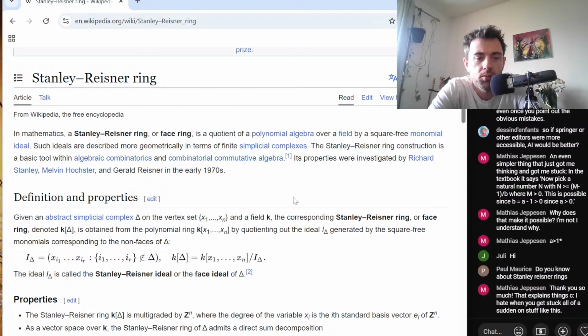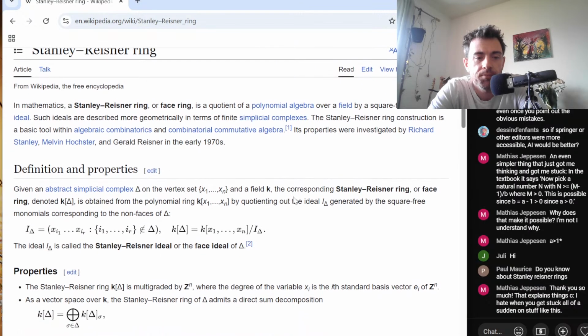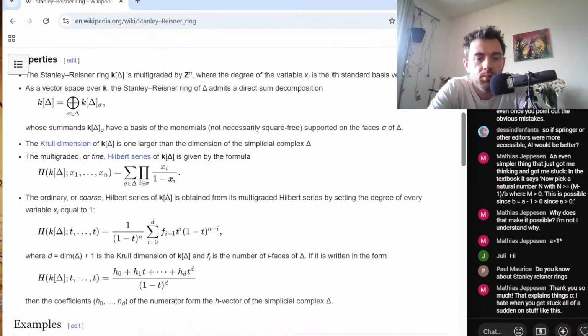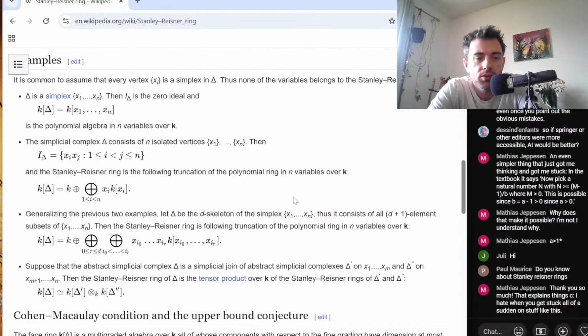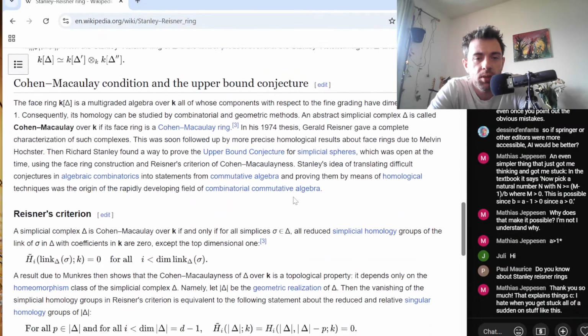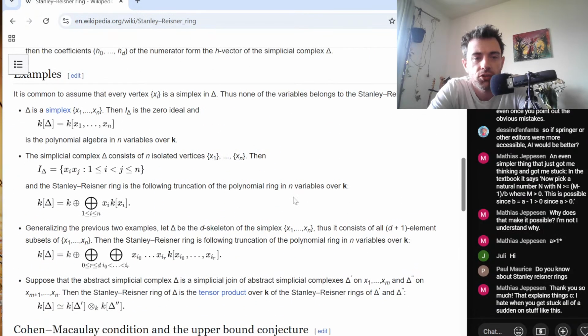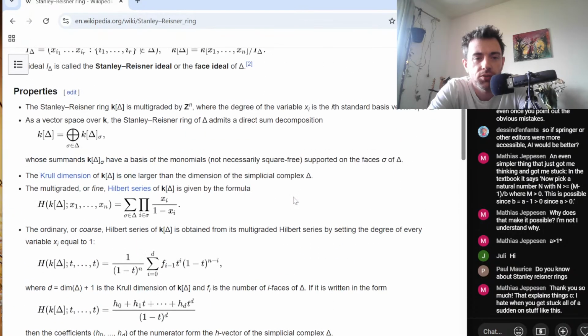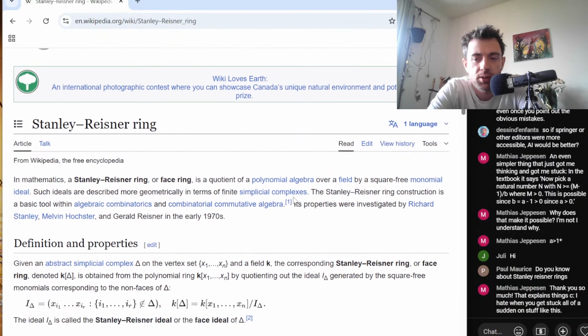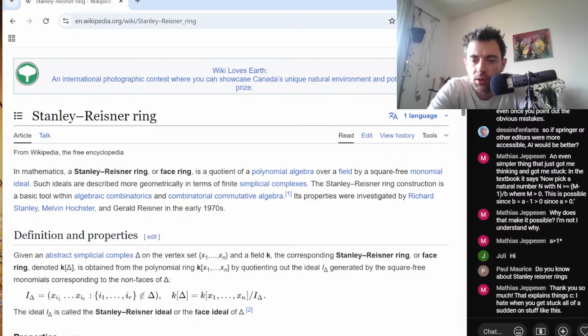Quotient of a polynomial. Oh, you know what? Actually, I do remember. Maybe I've seen these before. I think there was an undergrad here who sent me their slides and was asking for feedback on their slide presentation. Yeah, well, this is part of the process, Matthias.